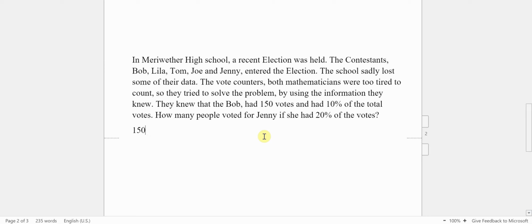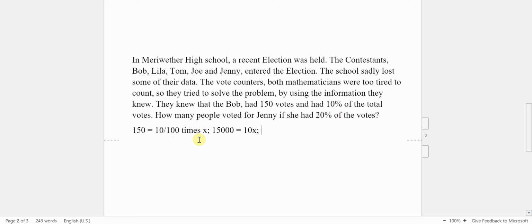So 150 is equal to 10 over 100, 10%, of, basically times, x. So then, multiplying 100 on both sides, you will get 15,000 is equal to 10x.